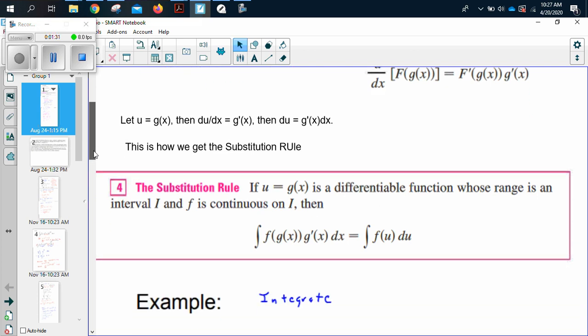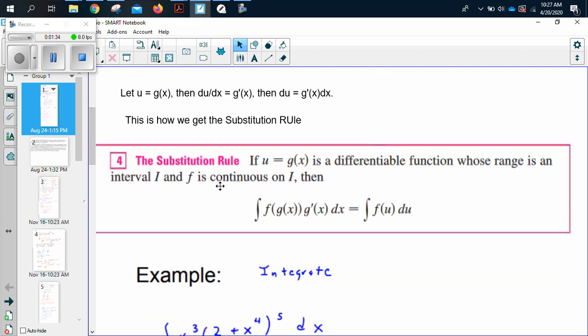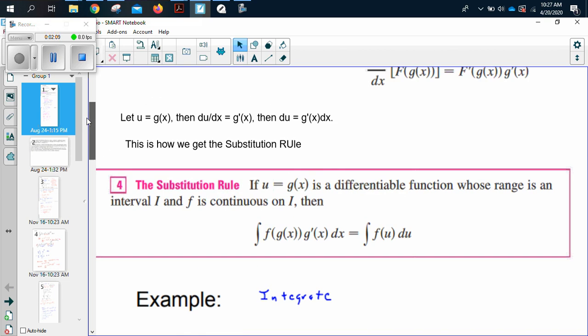So the way the substitution rule works: if u is equal to g of x, a differentiable function whose range is an interval I, and f is continuous on I, then the integral of this composite function times the derivative of the inside equals, and we're just rewriting it in another notation, f of u, and then the g prime x from up here is du.